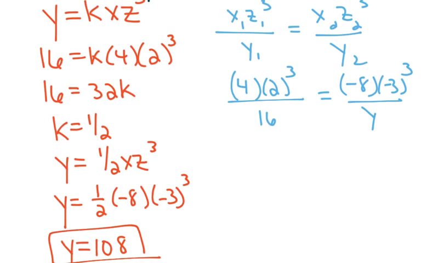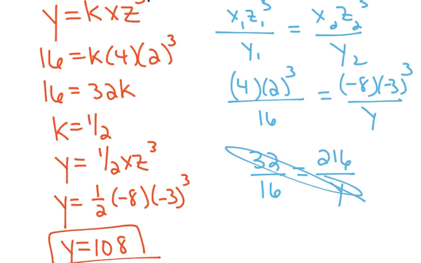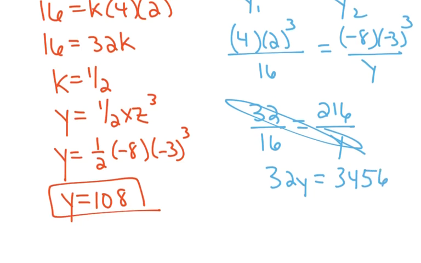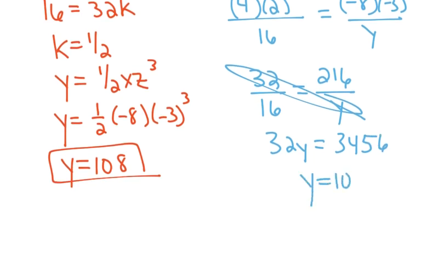So 2 cubed is 8. 8 times 4 is 32 over 16 is equal to, and then we just did -3 cubed is -27 times -8 is 216. And then I get 32y is equal to 3456. And 3456 divided by 32 is 108.